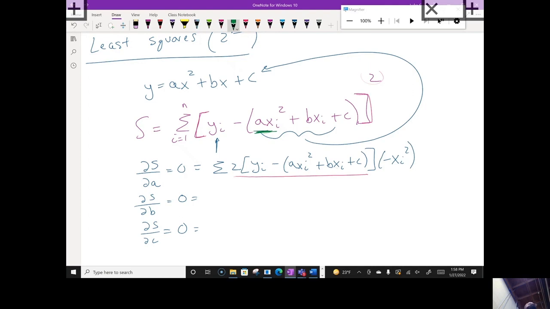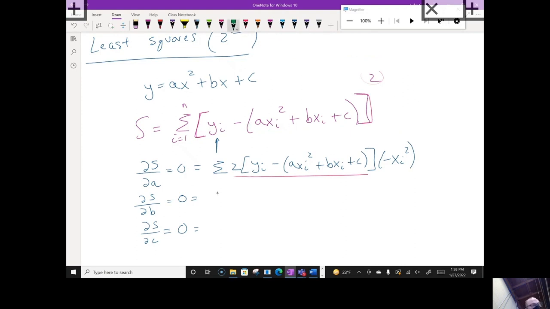So it's just xi squared, because you're taking the derivative of this function with respect to a, so whatever's there is a constant. You just keep that. Right here, yes, the negative's right there. You have to multiply by negative through.